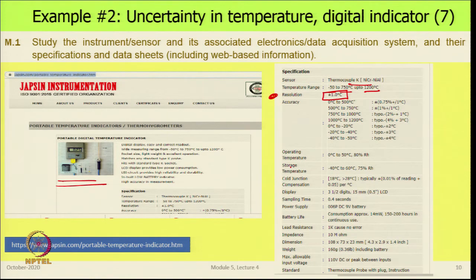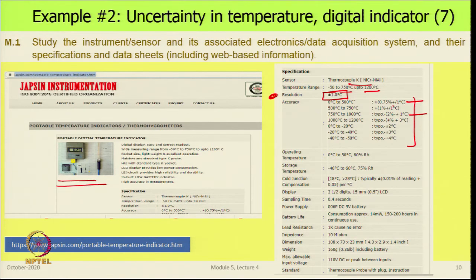Then for accuracy, it shows that for different temperature ranges the accuracy is different. We have to pick up the value of accuracy where we expect to make our temperature measurement. If our expected temperature measurement is 100 degrees Celsius, we would pick up this one, 0.75% plus 1 degree Celsius. If you are making a temperature measurement of 800 degrees Celsius, it would be here, 2% plus 1 degree Celsius.